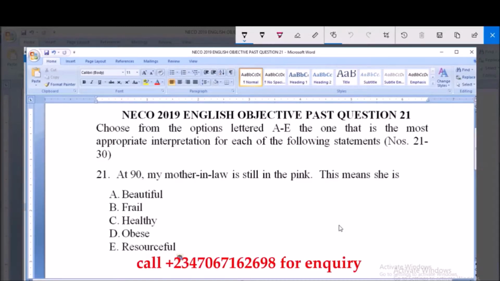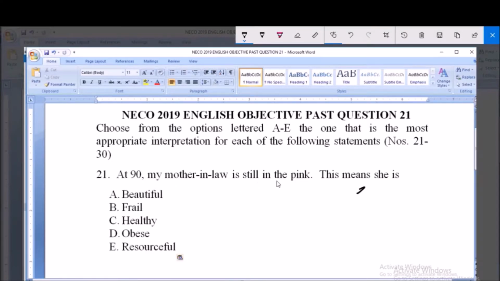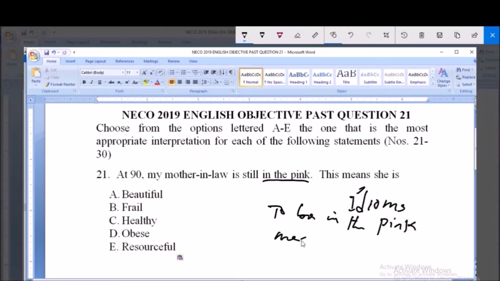The sentence here says, at 90 my mother-in-law is still in the pink. And this question is from what we call idioms, and in idioms, to be in the pink means to be in good health.